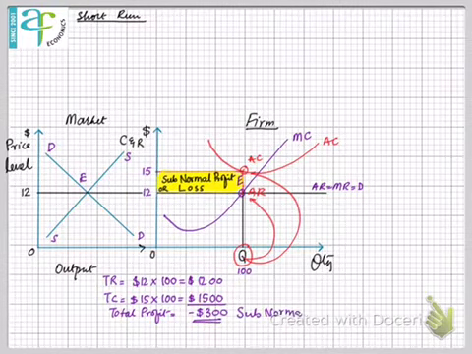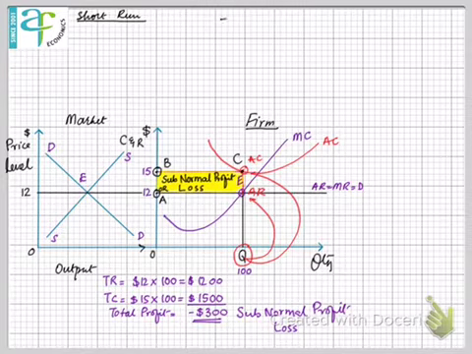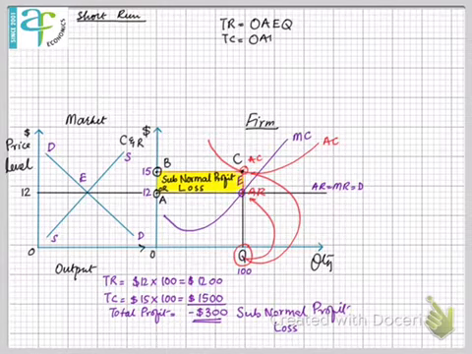Again, for MCQs, you may not be provided with numerical values; you may be provided with some variables A, B, C, E, O, Q. So total revenue of the firm this time is the white part of the rectangle, that is OAEQ, and total cost consists of two rectangles: one is total revenue and the other is the area of loss.